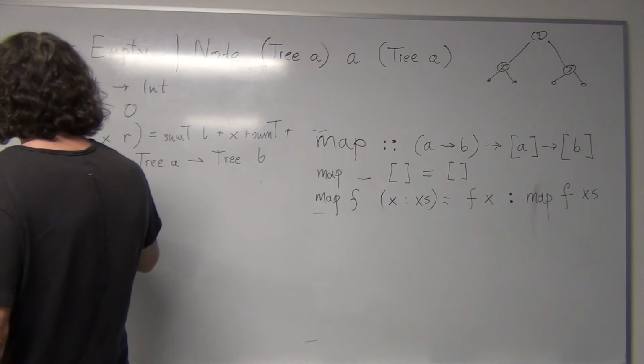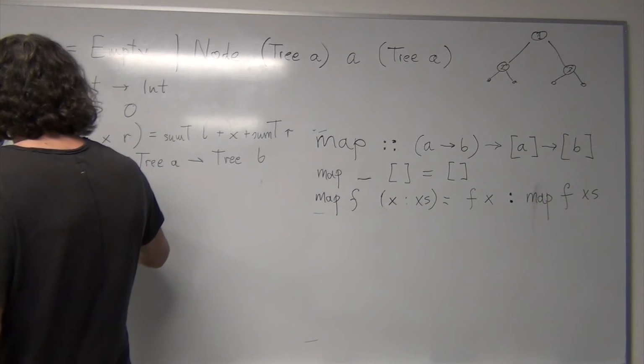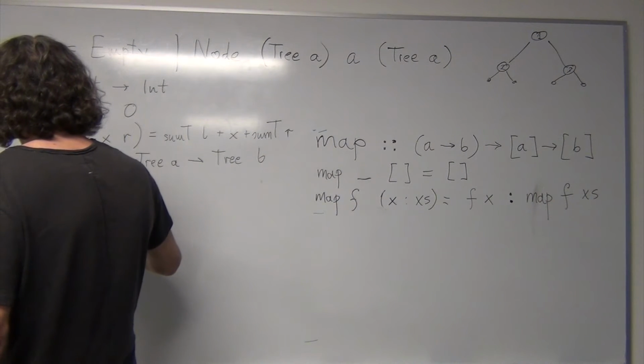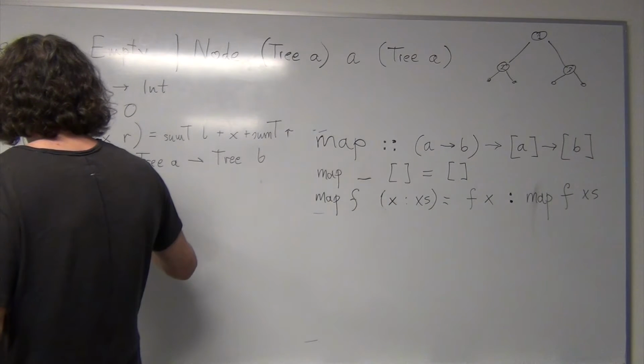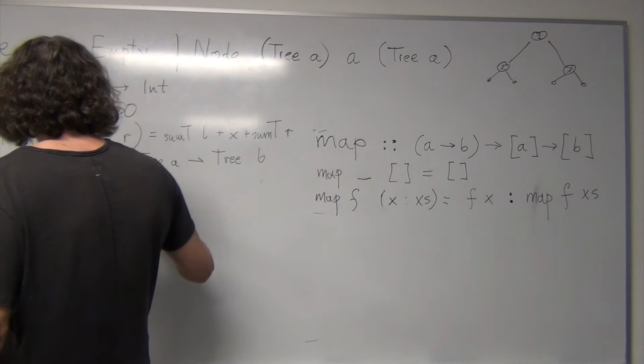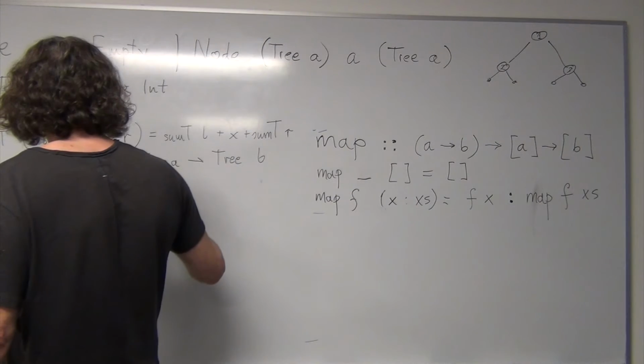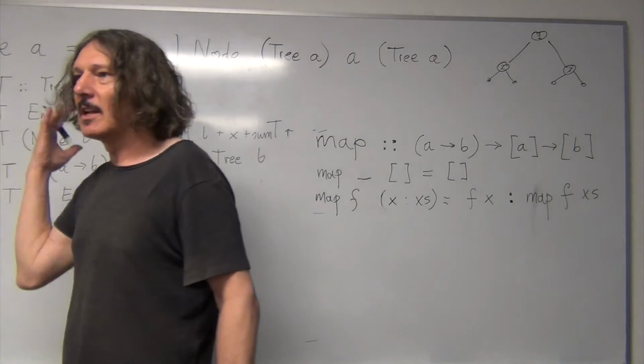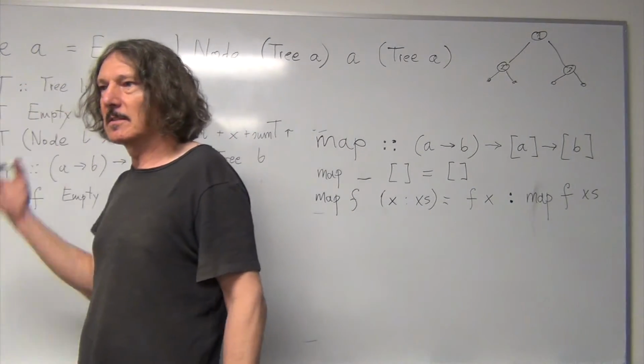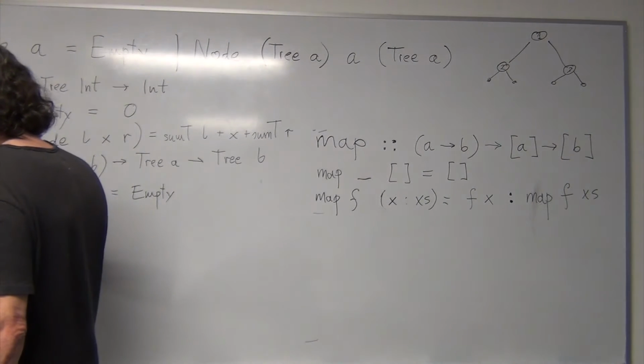So this is again a boring thing, but it's a good exercise. So mapT f empty equals empty, right? Applying a function to an empty tree does return an empty tree.